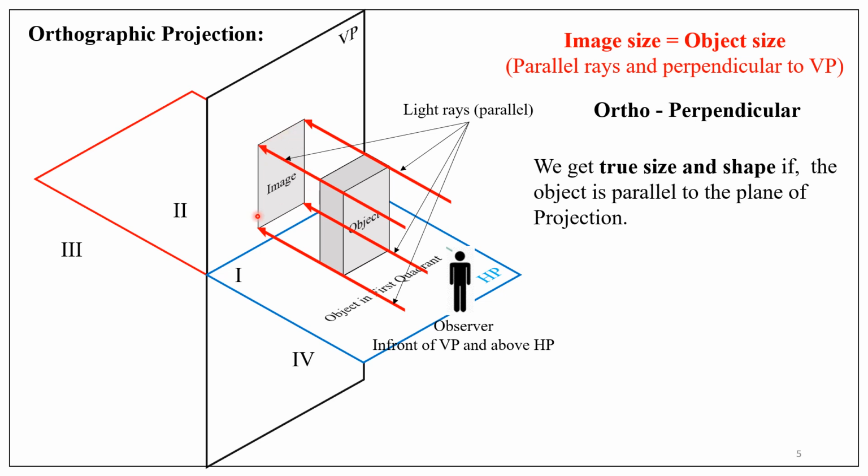If you look at the image, we are able to see the length, also the height of the object. What about the third dimension, the width or the thickness of the object? In the image, we cannot say the third dimension because image, when you project on a screen, we get only 2D image.